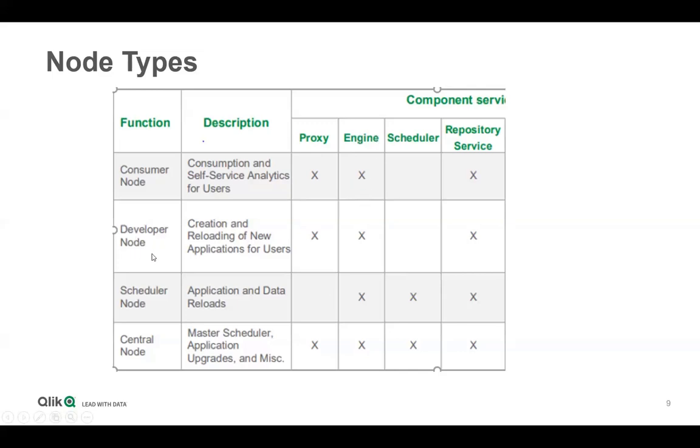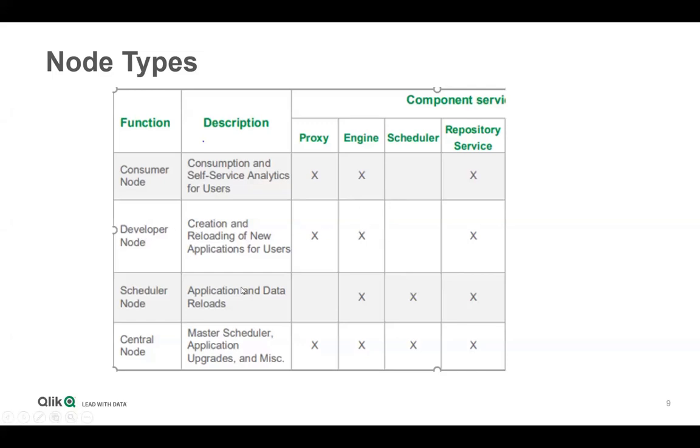For the developer node, we all know that developers every day create apps, update apps, and when they are testing, they need to manually reload. All these activities actually happen on the engine node.